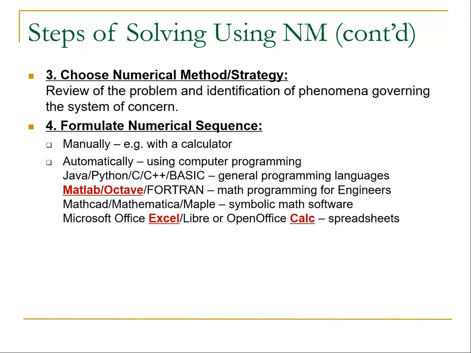And then you have the general programming language, which is the same one that all computer scientists would use. And I'm a little backward, so there may be newer ones now.